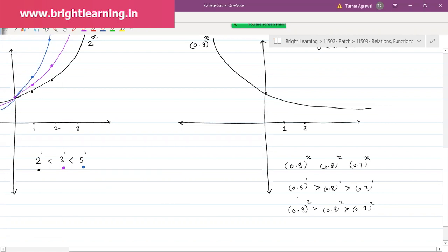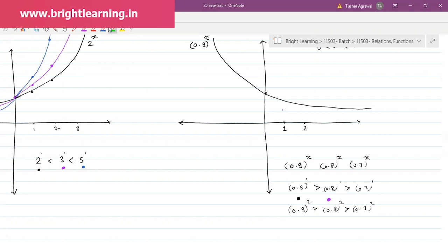So the black point image, the purple point image is smaller, which means it will be over here. And the blue point image will be even smaller, somewhere over here. So can you see that the graph should pass through 0, 1?